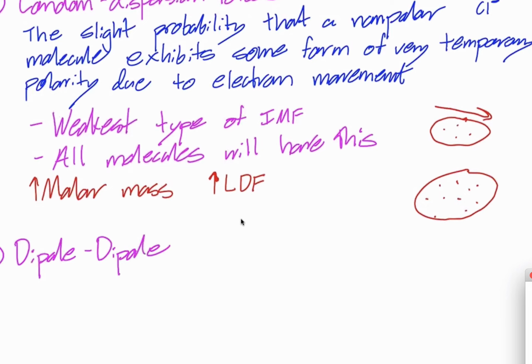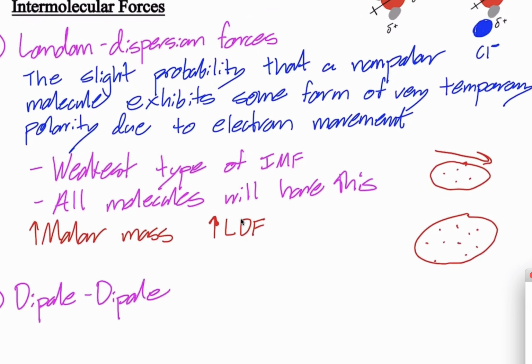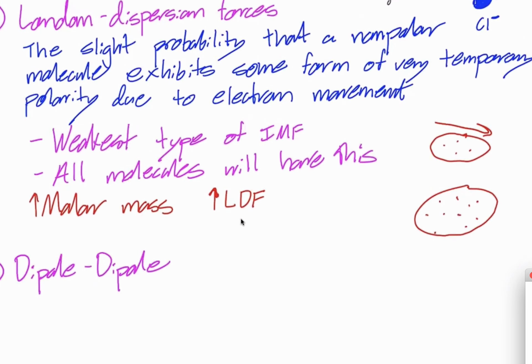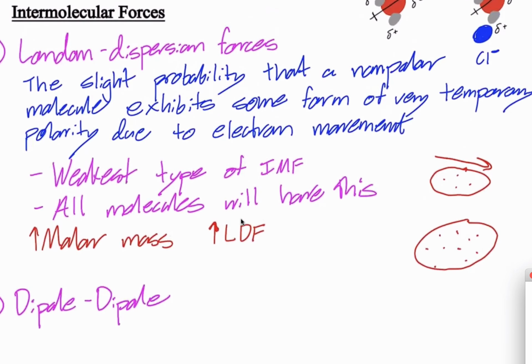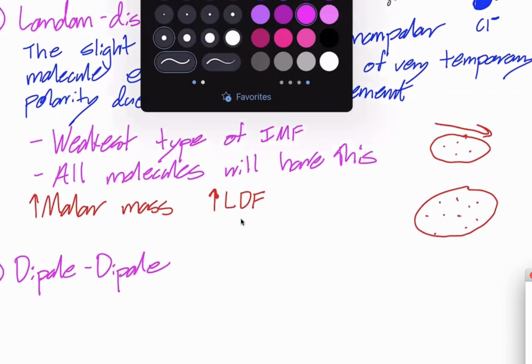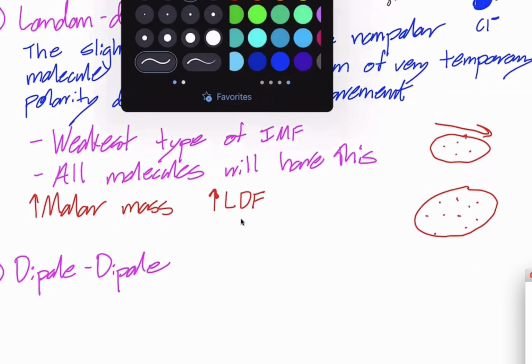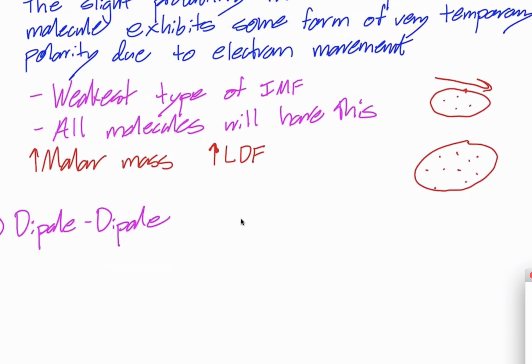Okay. So dipole-dipole forces are the next strongest of the three most important that you need to know. So let's go back to our H2O example, or let's do a general example without hydrogen, because hydrogen bonding is more specific. So let me just draw a generic molecule here. So let's say it looks something like this.